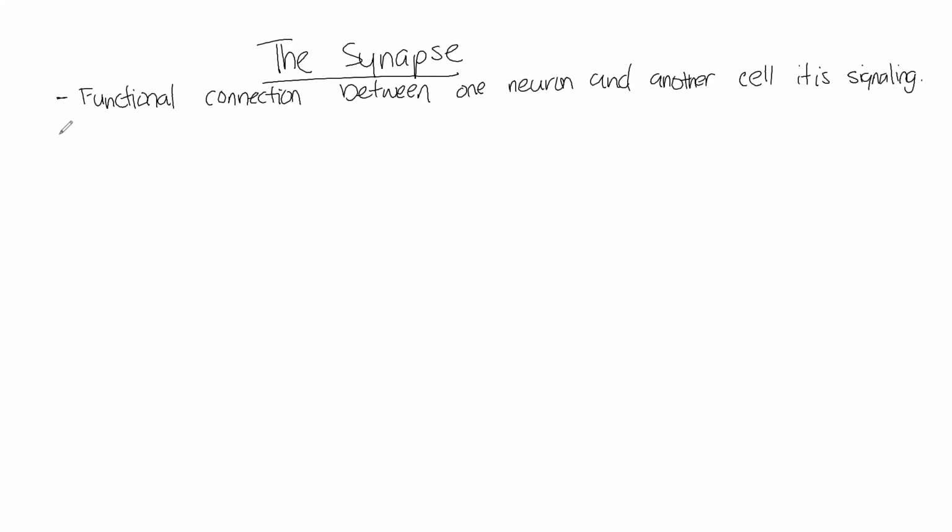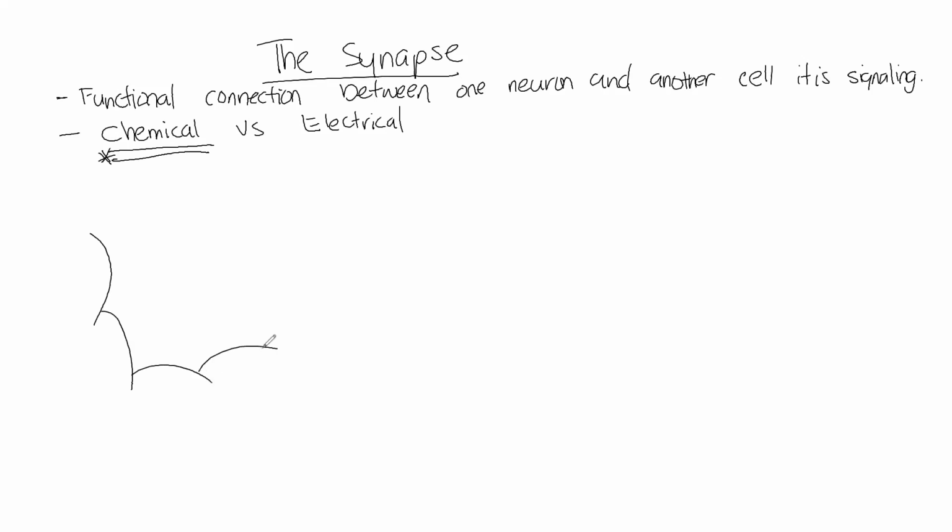Okay, we talked about two types, chemical versus electrical. And again, for our purposes, this is going to be the more important synapse, the chemical synapse. So let's remind ourselves of what's happening here and where these synapses are located and talk about some of the different types. So we've got this neuron, this is our presynaptic neuron.